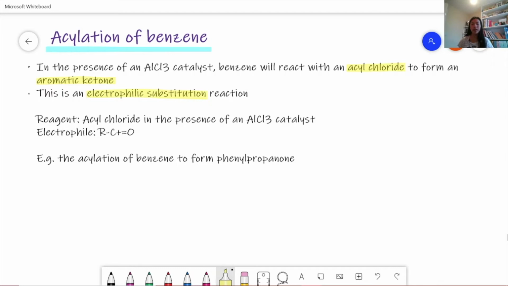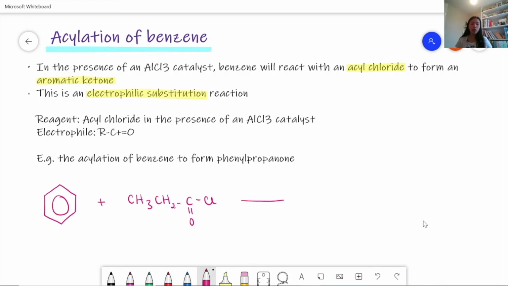So for example, in the acylation of benzene to form phenylpropanone, we start off with some benzene, and then we're going to react this with some propanoyl chloride. So that's just for this example. So we have CH3CH2C=OCl. And we know that we have to use propanoyl chloride because the product is phenylpropanone.